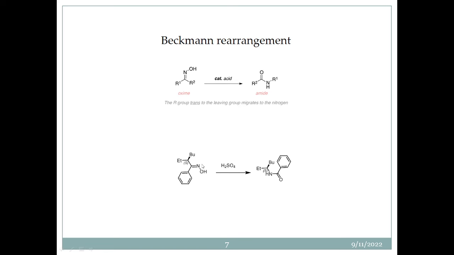Now this is pretty simple, but the next example will be a little interesting. What do you expect the product of this crossover reaction? Again, our interest is in the crossover reaction. That's why I wanted to show the Beckmann rearrangement. Other than that, it is not of our point of interest. Now you see this reaction. It's a very simple reaction.